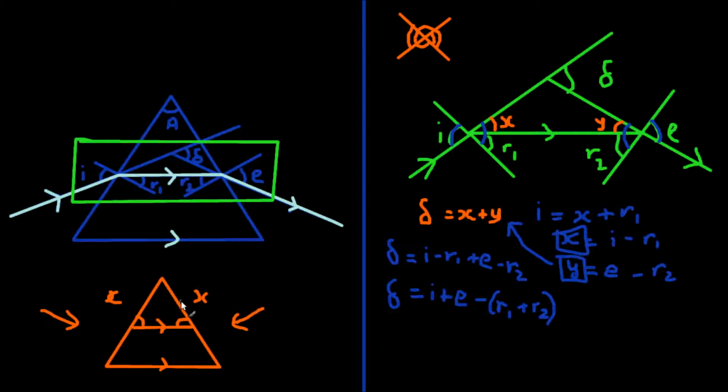So what we can say is that if this is your angle of the prism on top, you have these two angles, the orange angles that I've just marked in the original diagram. Now we have a normal here on both sides, and you have R2 and R1.